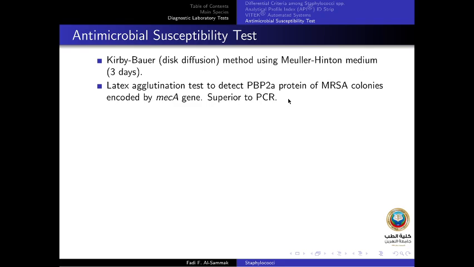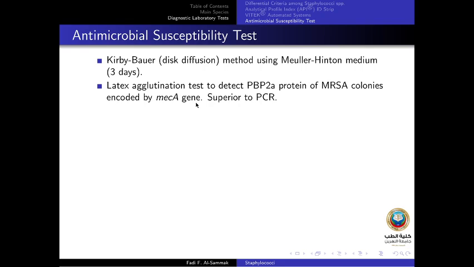And this protein is actually encoded by the mecA gene. Why is it superior to PCR? Because PCR will detect only the gene, but here in the latex agglutination test, we are detecting the protein. And as far as the infection is concerned, the proteins are usually more relevant to the disease than the genes, because genes can be detected.